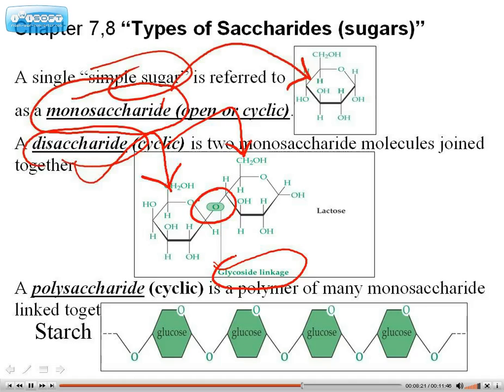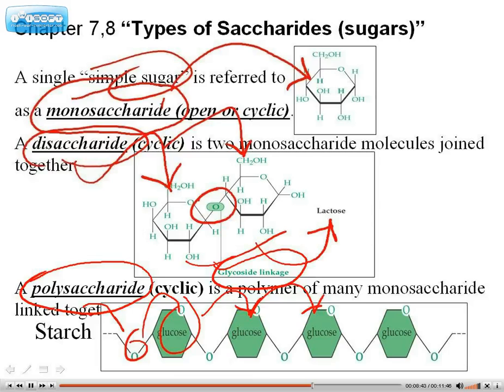In this case, this one right here is lactose. Now, when you have multiple sugar units connected by these glycoside linkages, when you have many sugars, we call this a polysaccharide.